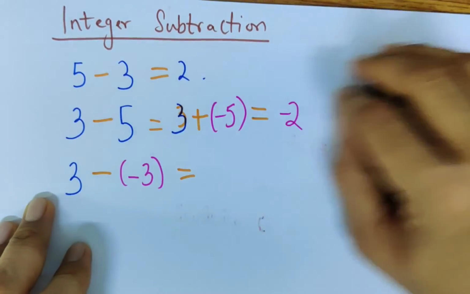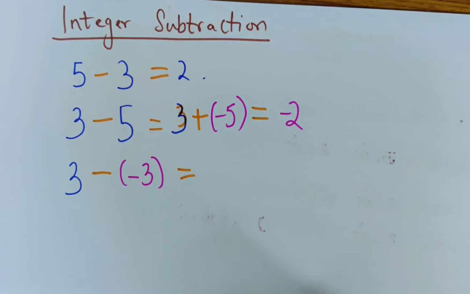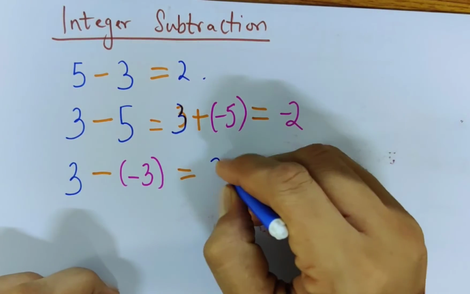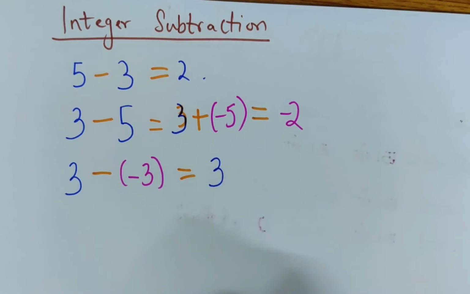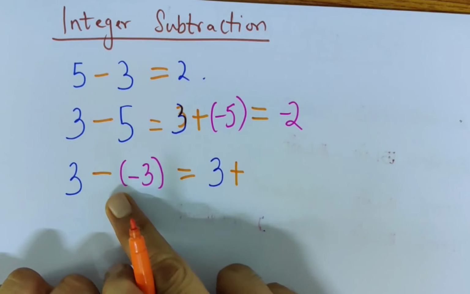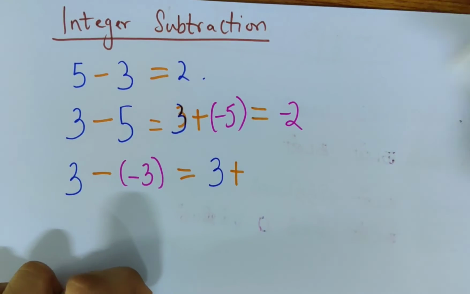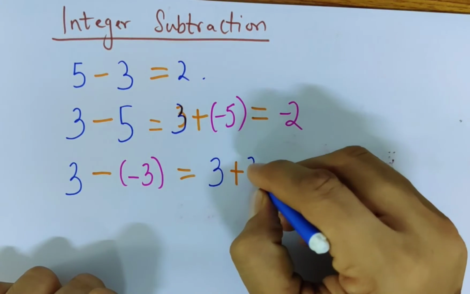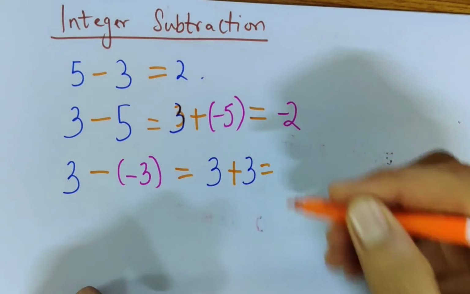Right? So if you do enough of them, you can say, okay, this can be written as this. When you open the bracket, it becomes a positive and it becomes as good as adding 3. So removing a negative 3 is as good as adding a positive 3, which gives you 6.